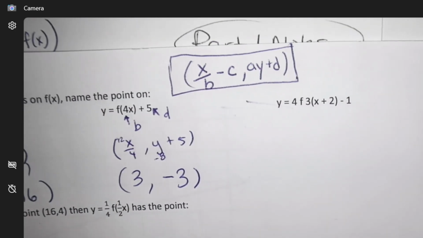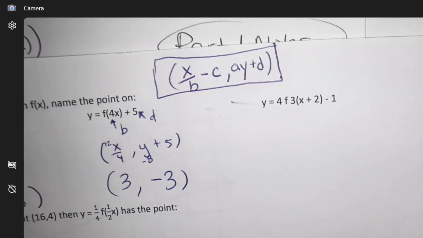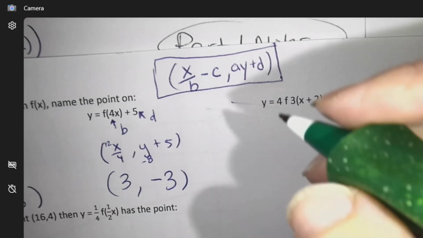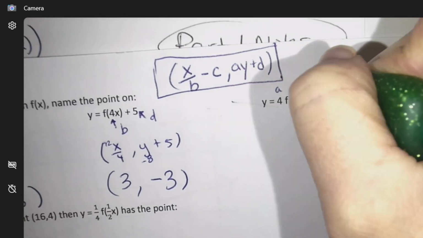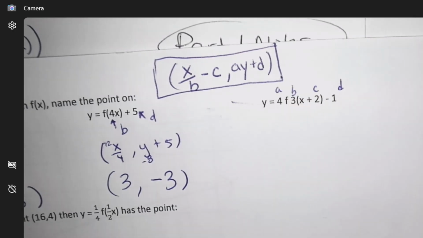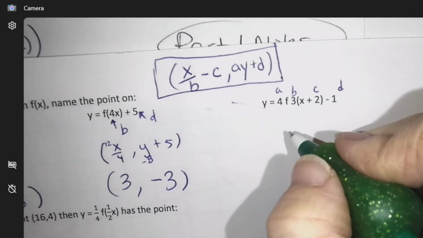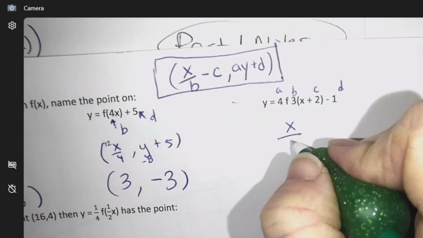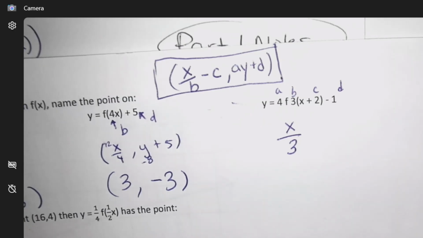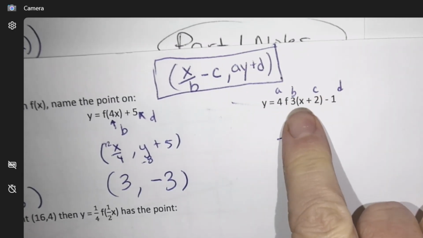Okay, the last question, you got to do it all. You have an A, B, C, and a D. You have everything going on. Okay, so write down your maneuvers. X has to get divided by 3 instead of times by 3.